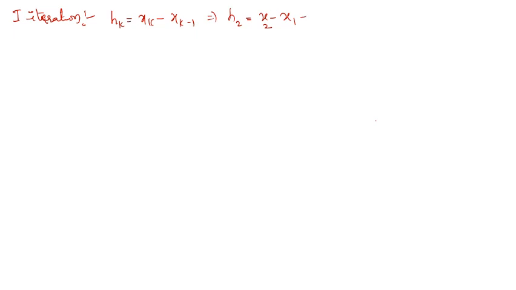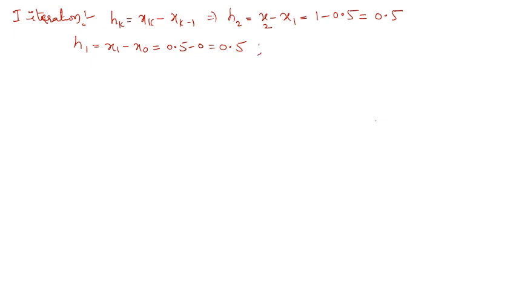K equal to 2. X2 minus x1 means 1 minus 0.5, so this value is 0.5. And h1 is x1 minus x0, which is 0.5 minus 0, so this value is 0.5.